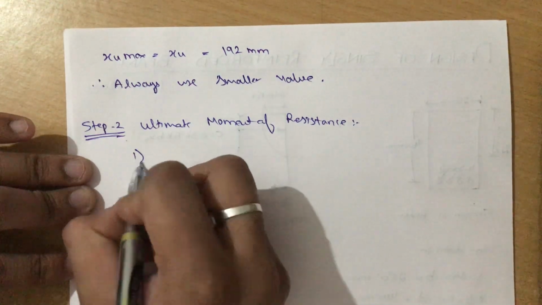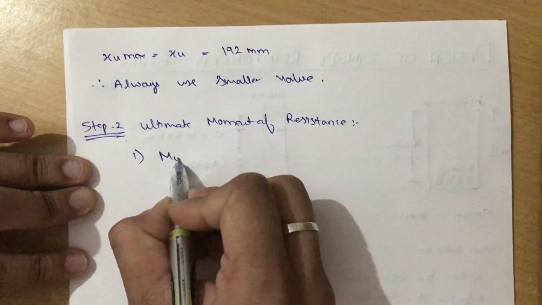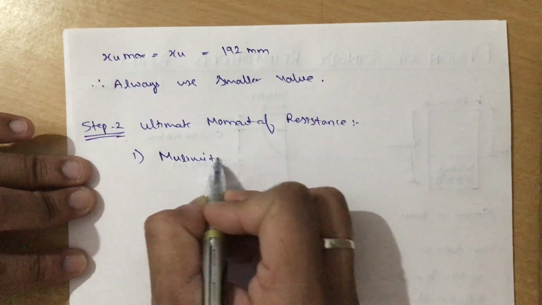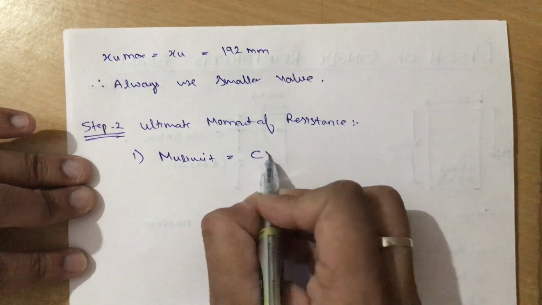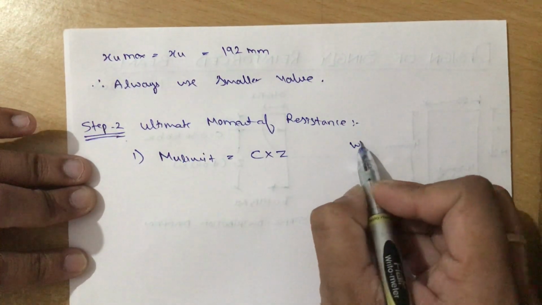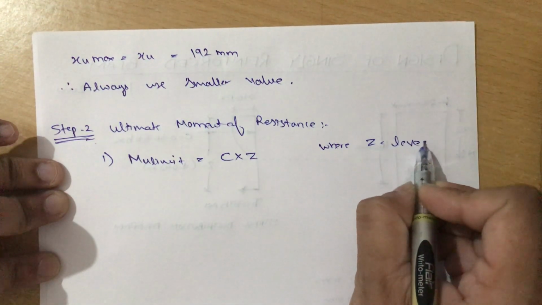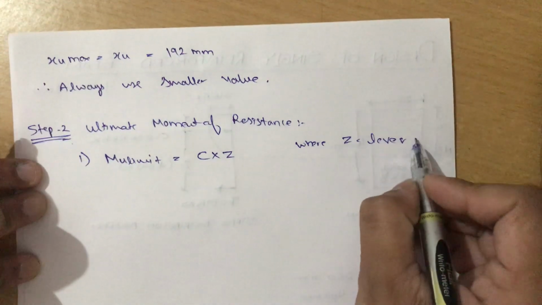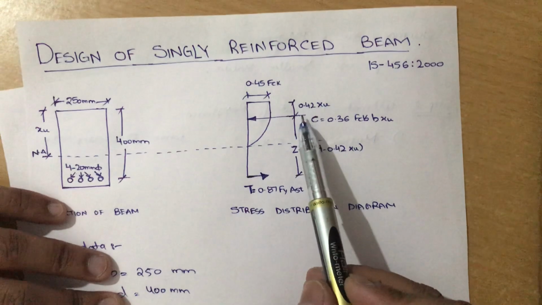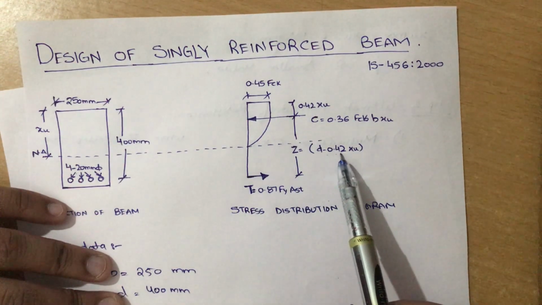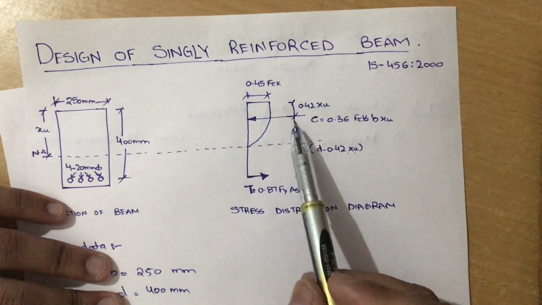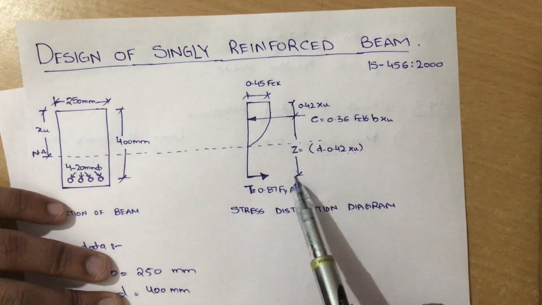First of all, Mu limit is equal to compression zone into Z, where Z is the lever arm. Here I can show, Z is equal to D minus 0.42 xu, which is the distance between compression and tension.